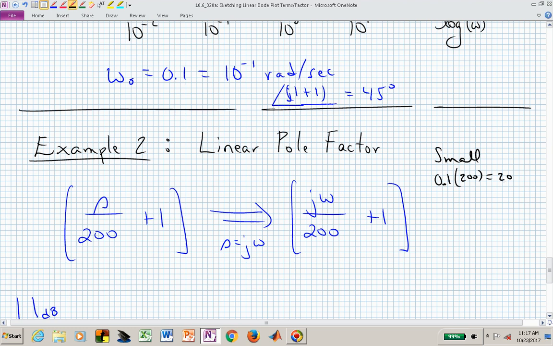So now we're looking at small being 20, and large is now 10 times 200, or 2,000. And in keeping with this, remember what the log of 2 was, base 10? That was 0.3.